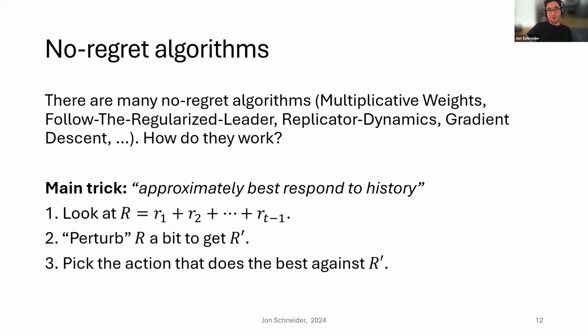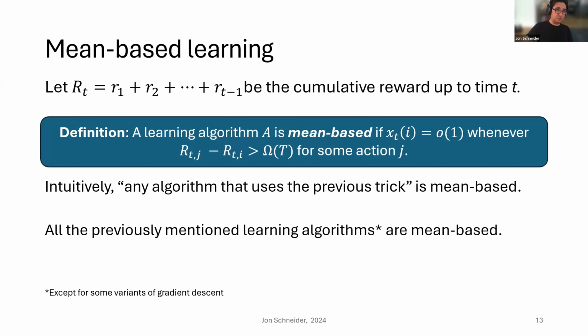So a very useful mental model is that they look at the cumulative reward so far, perturb it a little bit, randomly, let's say, and then pick the action that does the best against these perturbed rewards. This is exactly how an algorithm called follow the perturbed leader works. And basically all the algorithms I mentioned can be thought of as doing something like this.